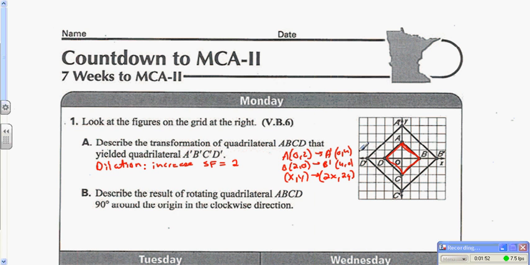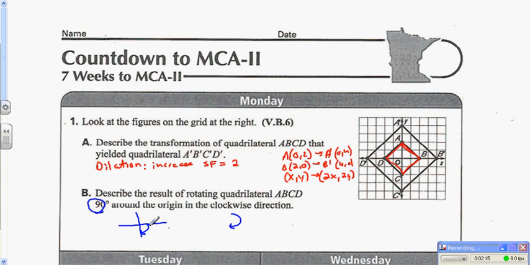Next says to describe the result of rotating the original one 90 degrees clockwise. So clockwise rotates like this, like the clock. 90 degrees, well, there's 360 degrees in a full circle, so we would rotate it 90 degrees.